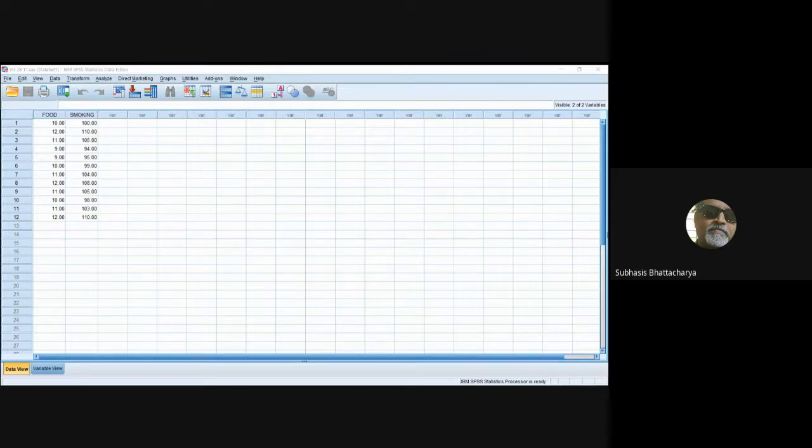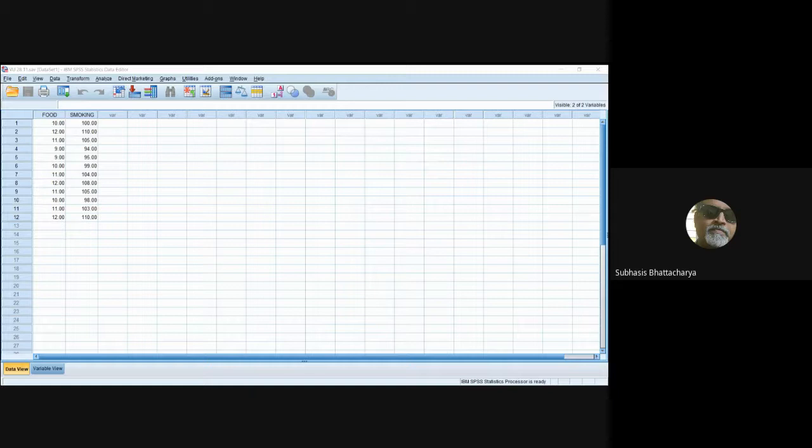I'm coming to that, what the KMO test results are showing, and that is the food and smoking extraction results and the variance. This table is quite significant. You follow the initial eigenvalues.